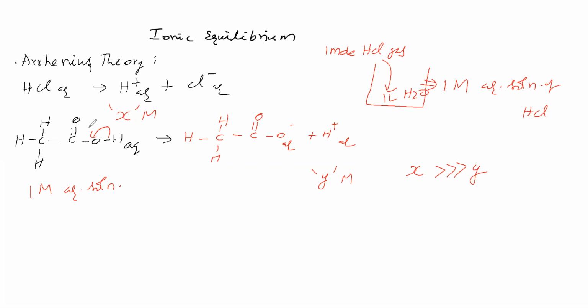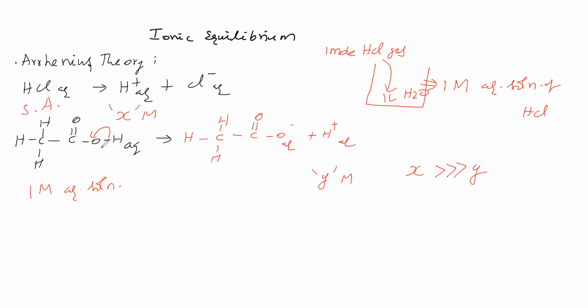That means HCl ionizes to a large extent. Therefore, H plus concentration is much higher. Acetic acid ionizes to a lesser extent. Therefore, H plus concentration is very low. So HCl ionizes to a large extent, therefore HCl is called a strong acid.